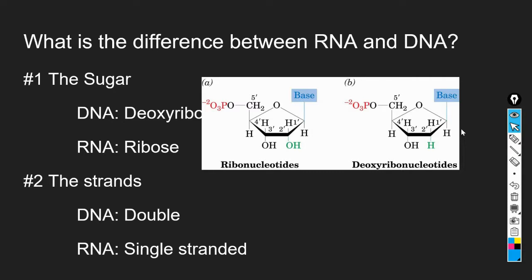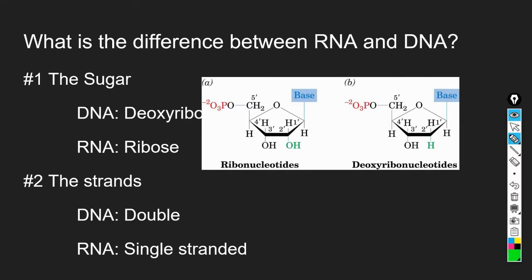So differences. Besides the bases, there is a difference in the type of sugar that comprises the nucleotides for RNA. So DNA, that sugar is deoxyribose. RNA, that sugar is ribose. So that's one difference, is that the sugars are 2 different sugars. And there's not a whole lot of difference between them.